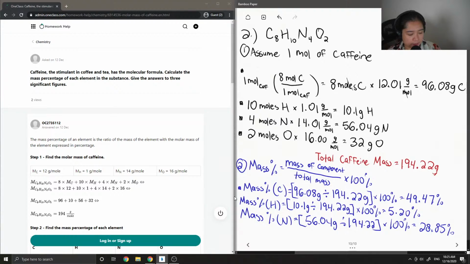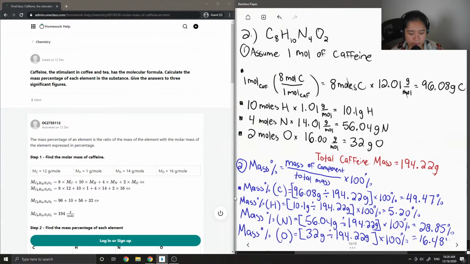And lastly, the mass percent of oxygen is equal to 32 grams divided by 194.22 grams times 100, which gives us 16.48%.